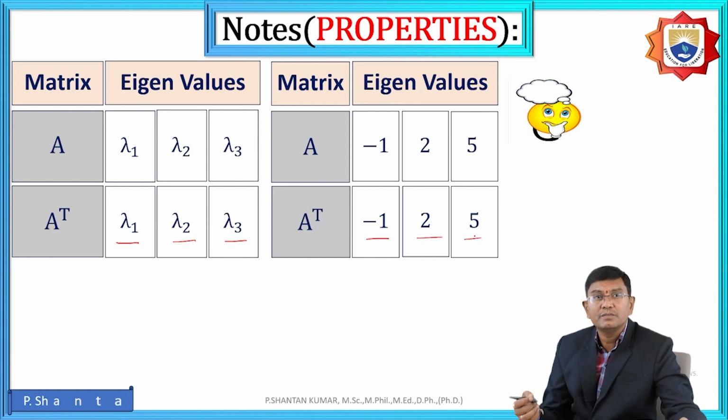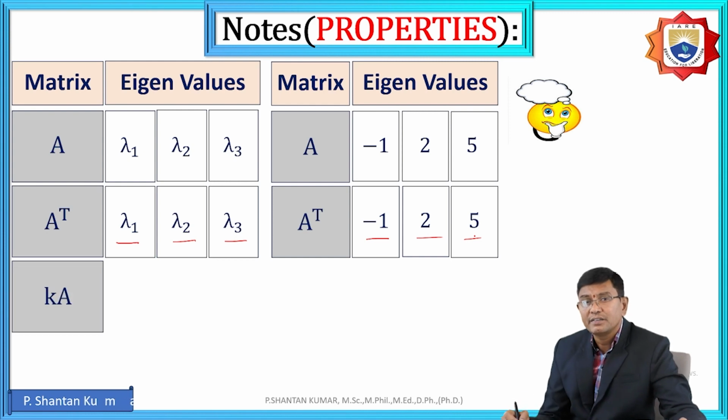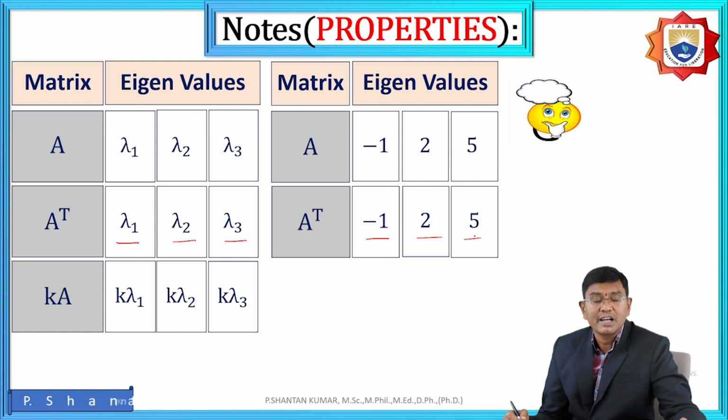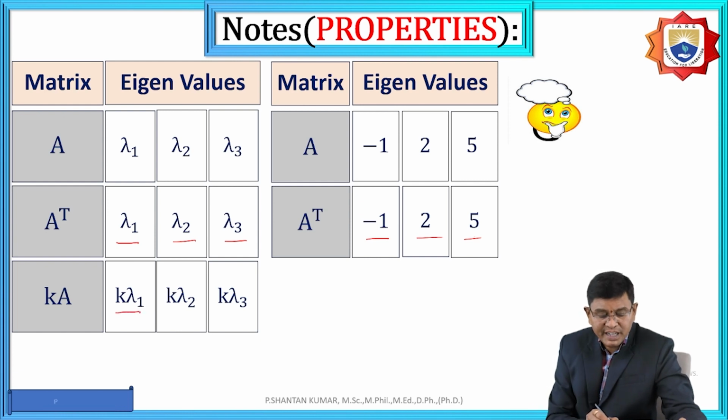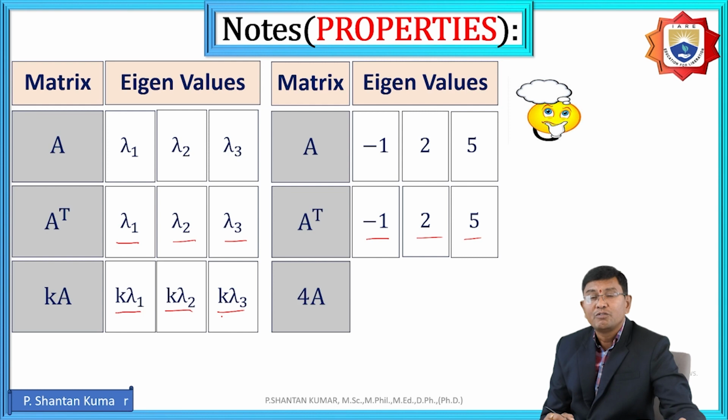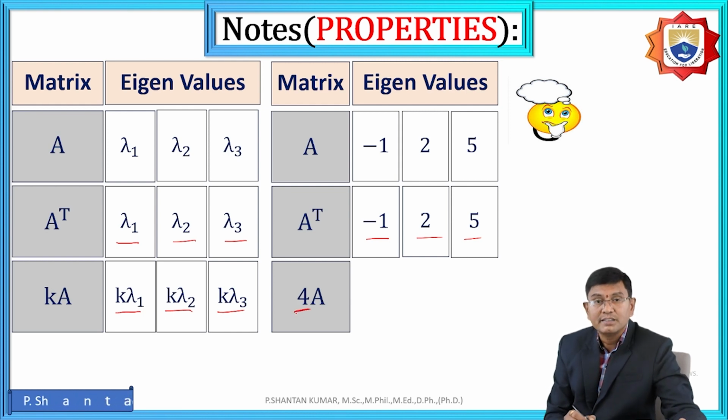Similarly, for k times the matrix, the eigenvalues are k lambda 1, k lambda 2, k lambda 3. That means we multiply each of the original eigenvalues by k. Here it is 4 times A, so k is 4.